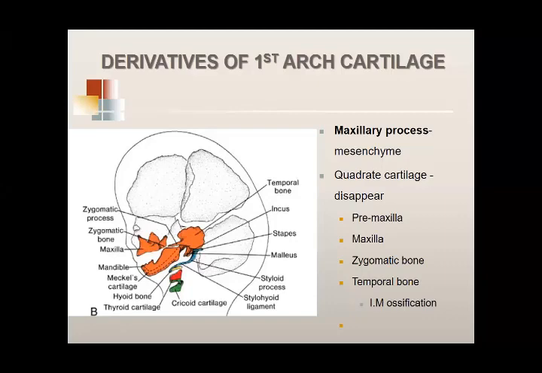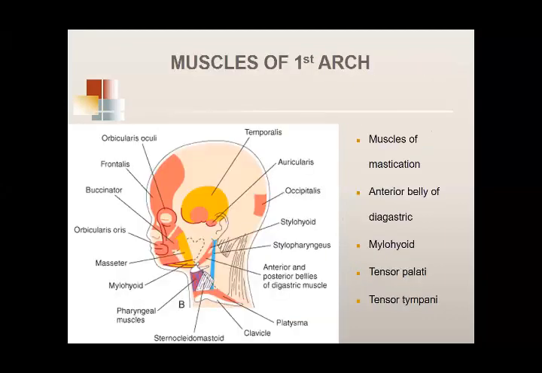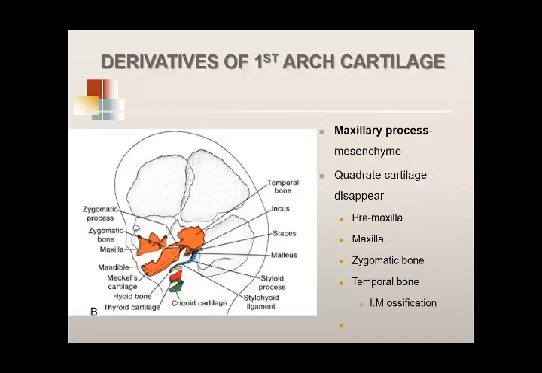The clavicle makes communication between the axial and appendicular skeleton and provides support to the appendicular skeleton. Similarly, we discussed the development of the skull, the protective case that protects the brain. The bones of the calvaria, temporal, parietal, occipital, all developed by intramembranous ossification.